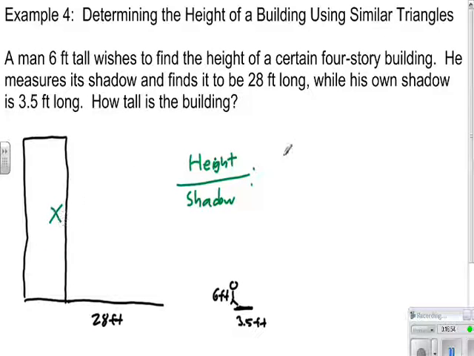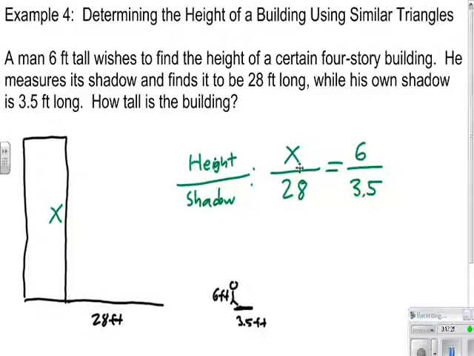So if you do height of the building, x, over the length of the shadow of the building, 28, equals the height of the man, 6, over the length of the shadow of the man, 3.5. It's also important that these are all in the same unit, feet, throughout. Now it's just a proportion.